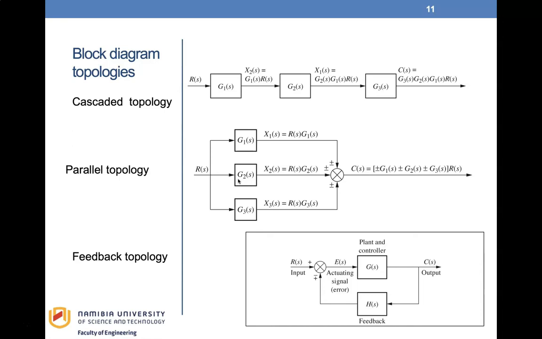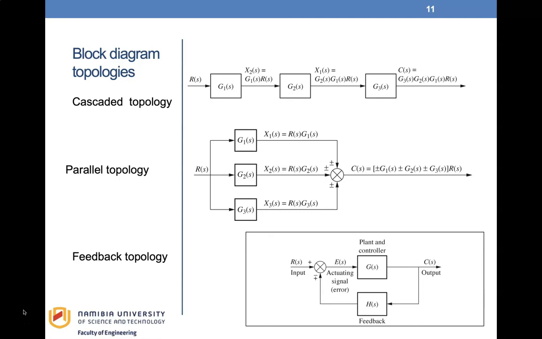Therefore, recognizing these topologies in the complex arrangement is a prerequisite to obtaining the transfer function of a complex system. Our goal is to reduce complex systems with multiple subsystems into a single transfer function. It is not always apparent that the familiar forms are recognized immediately from a block diagram.